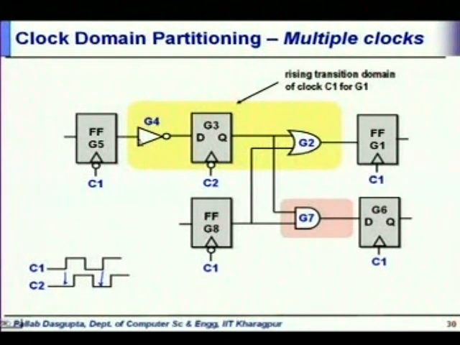When we look beyond G4, let us look at this flop. Now at the positive edge of the clock C1, this one's value does not change, it remains steady, because this is triggered by the negative edge of the clock. So at the positive edge of the clock there is no event that is going to take place here. So we conclude that this yellow portion is the rising transition domain of clock C1 for G1.